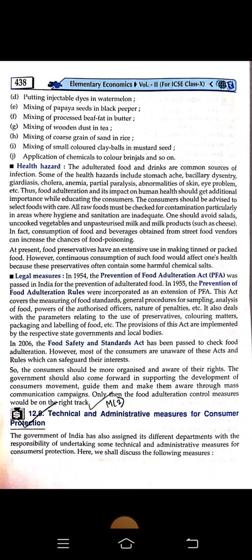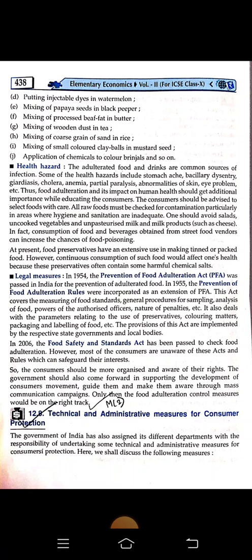This act covers the measures of food standards, general procedures for sampling, analysis of food, powers of the authorized officers, nature of penalties, etc. It also deals with the parameters regulating the use of preservatives, coloring matters, packages, and labeling of food. In 2006, the Food Safety and Standards Act was passed to check food adulteration.